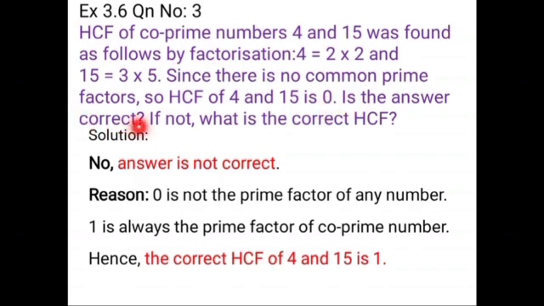Is the answer correct? If not, what is the correct HCF? See, 0 is not a prime factor of any number. So, the answer is not correct. But 1 is always a common factor of coprime numbers, so the correct HCF of 4 and 15 is 1.